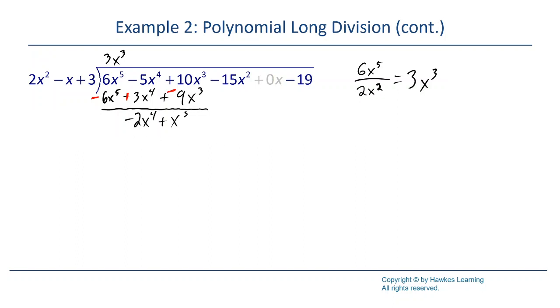So I need to do negative 2x to the 4th divided by 2x squared. Negative 2 divided by 2 is negative 1. X to the fourth divided by x squared is negative x squared.